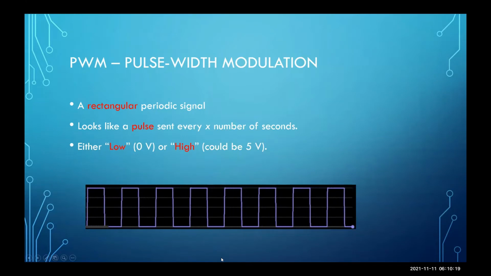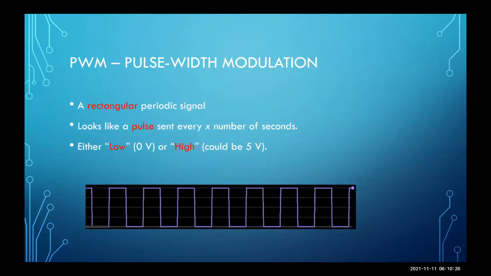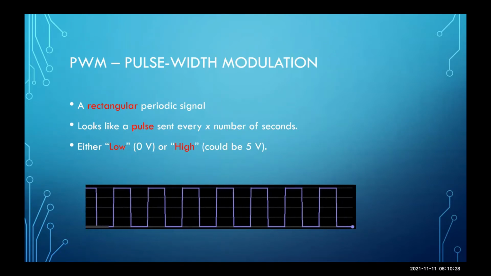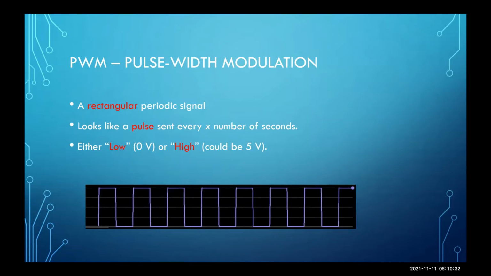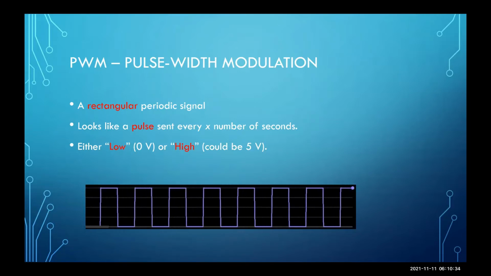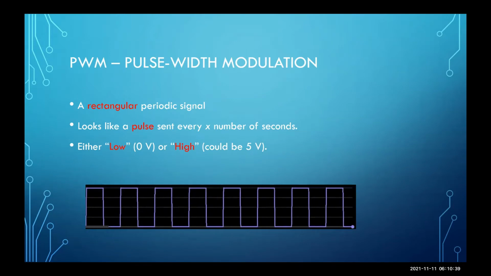So as you're seeing here is the actual PWM signal. It's a rectangular period. It may look like a square wave at the moment, but we can adjust the wave depending on our need. I'm just going to refer to the cycles that you see below as a rectangular period signal.